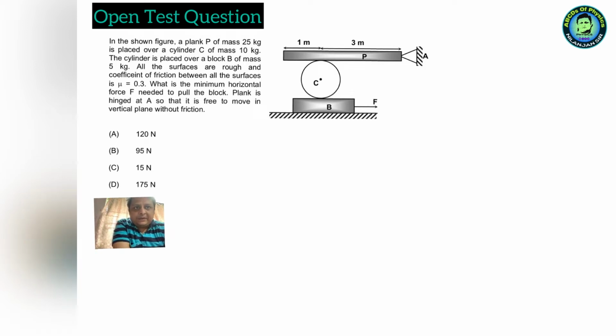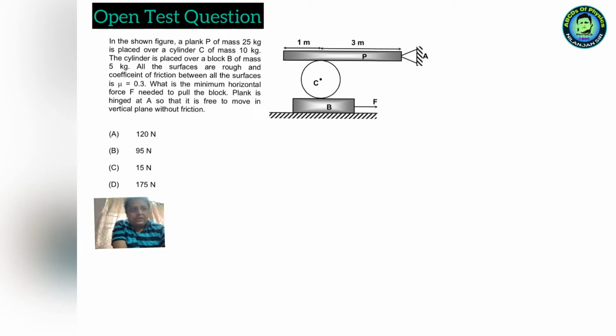The cylinder is placed over a block B of mass 5 kg. All the surfaces are rough and the coefficient of friction between all surfaces is mu equal to 0.3. What is the minimum horizontal force F needed to pull the block? The plank is hinged at A so that it is free to move in a vertical plane without friction.